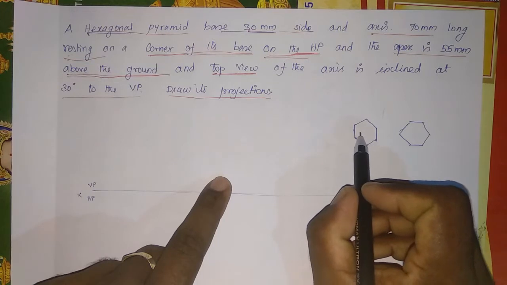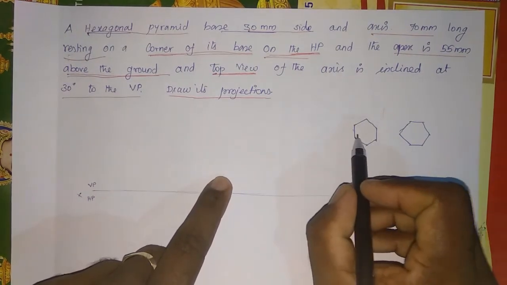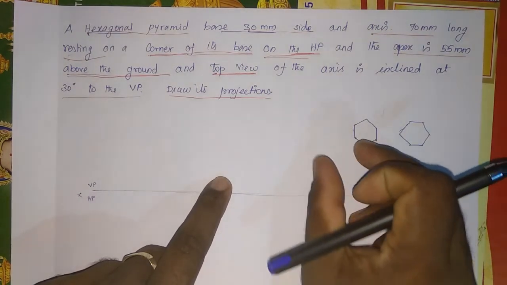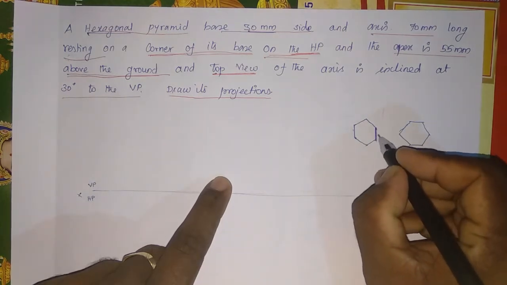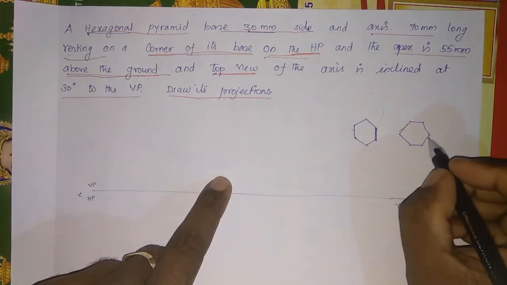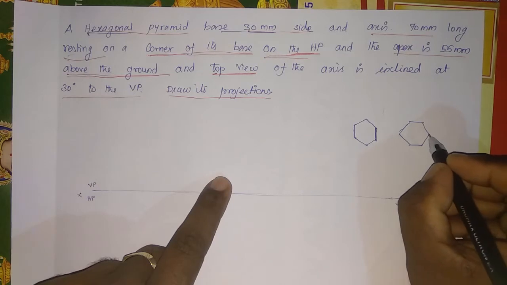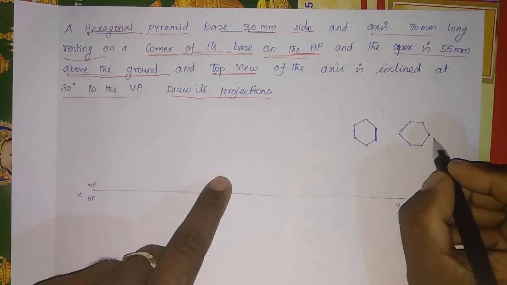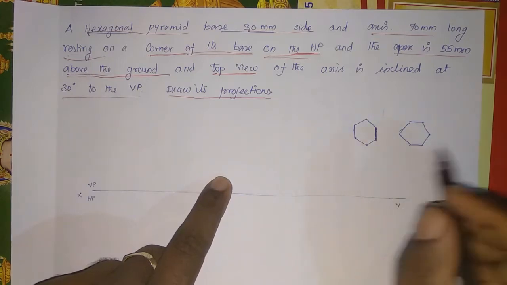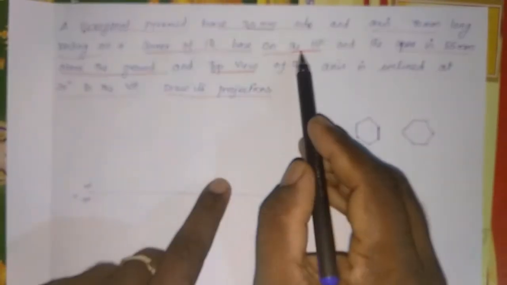Once I tilt this one perpendicular to the VP, this edge will rest on the HP. If I tilt this one, this corner will rest on the HP. So this is edge resting, this is corner resting. In the given problem, only a corner is resting on the HP.